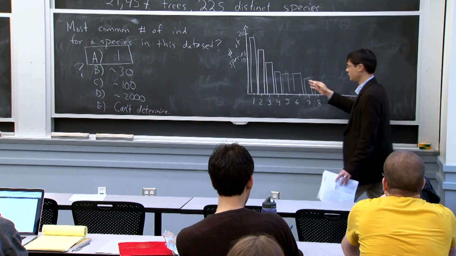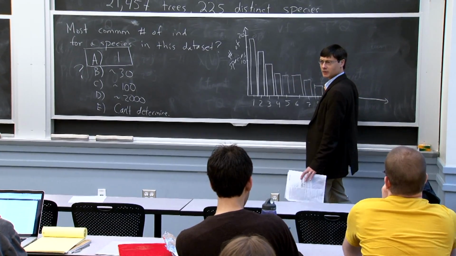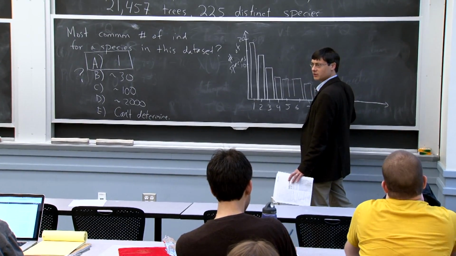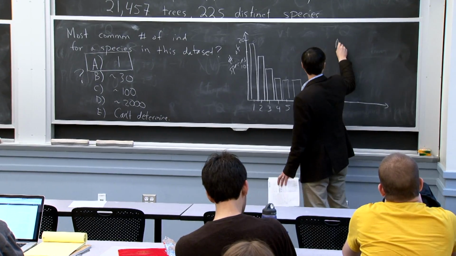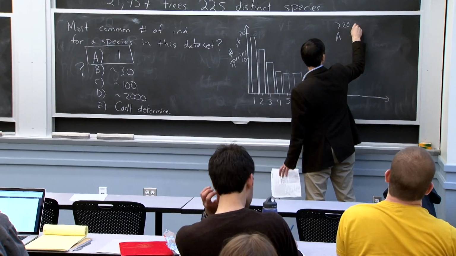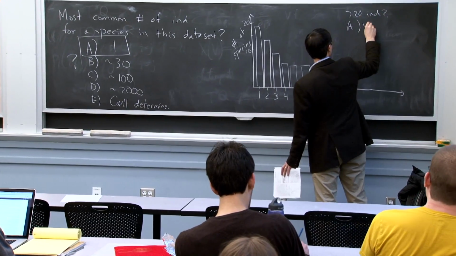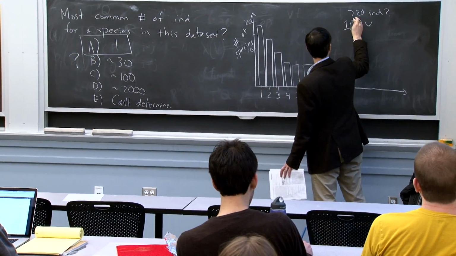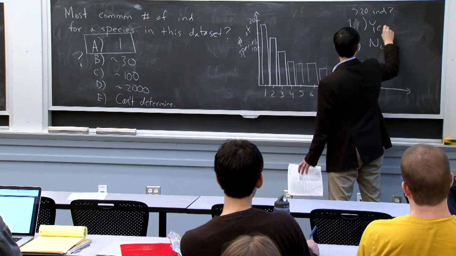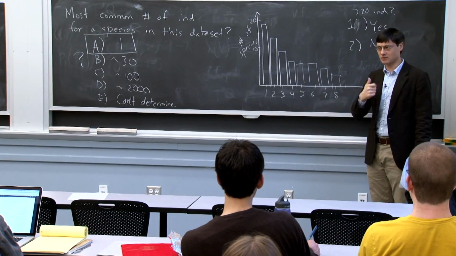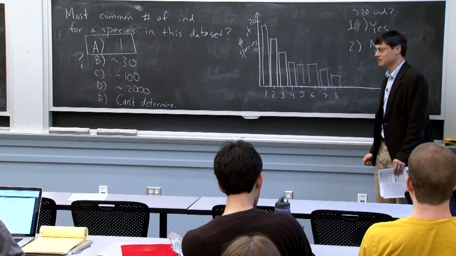All right, so let's say that I just showed you this and I haven't yet calculated the rest. All right, do we think that there's going to be any species with more than 20 individuals? Okay. All right, greater than 20 individuals, question mark. We have, all right, 1 is yes, 2 is no. All right, ready? 3, 2, 1.